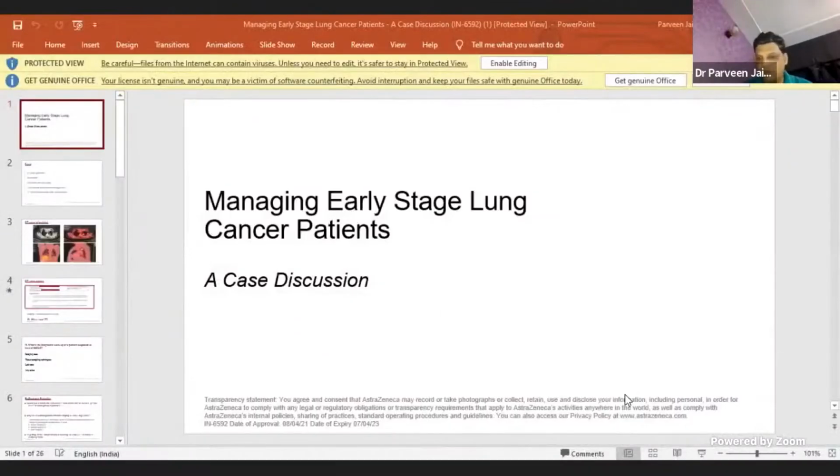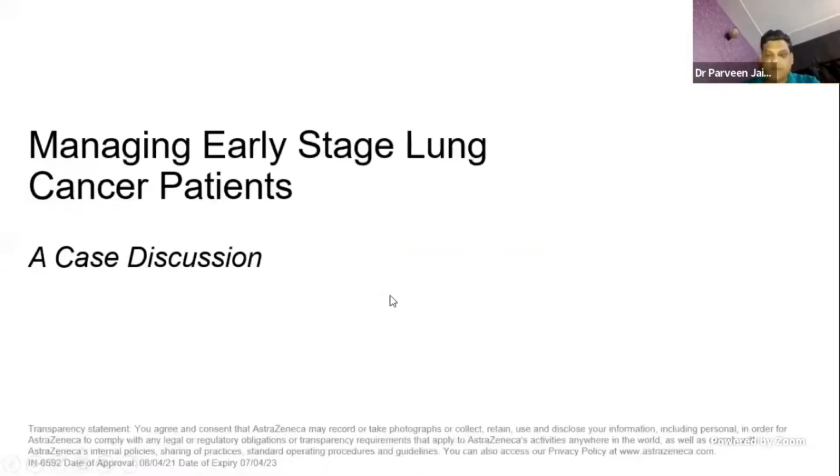Over the last 1.5 hours, we have gone through the molecular landscape of lung cancer. We have seen different targeted therapies, different targets, and now Venkat has taken us through the journey of osimertinib in advanced non-small cell lung cancer.